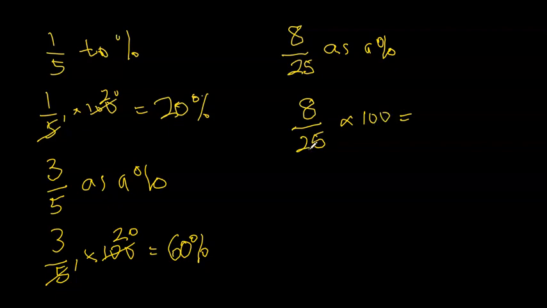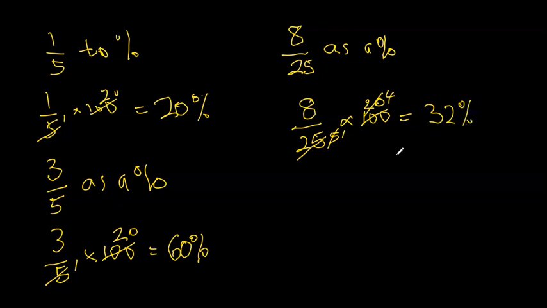Or if you want to use smaller numbers, you see a 25 here and 100 here, so you know 5 can divide them. If you divide 25 by 5, you get a 5. If you divide 100 by 5, you get a 20. You can keep going. 5 into 5 is 1, and 5 into 20 is 4. So in the numerator, we got 8 times 4, which is 32%.